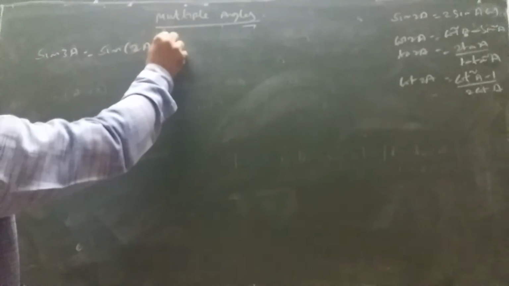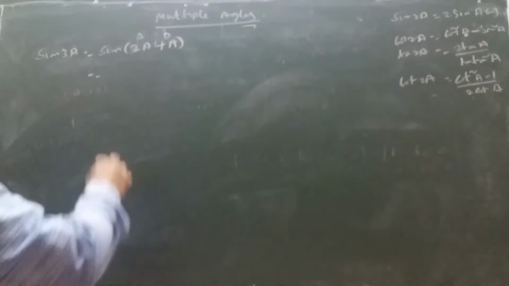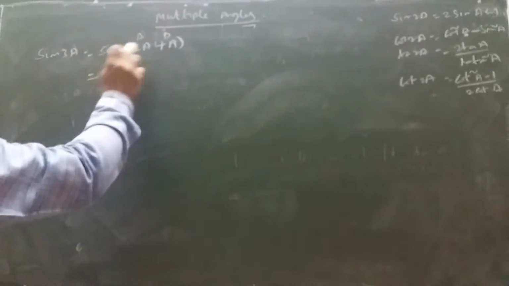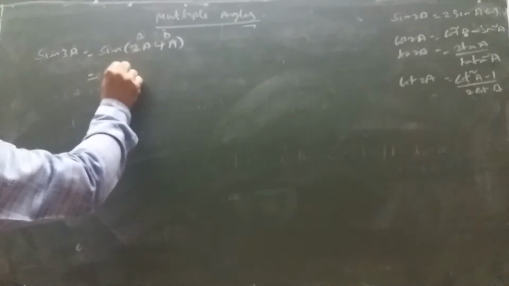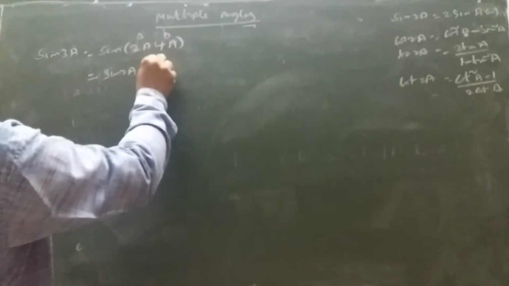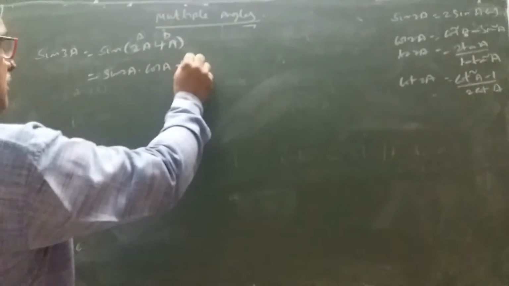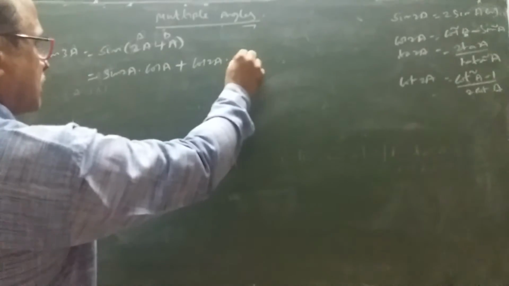It is in the form of A plus B, that means sin A cos B plus cos A sin B, so sin A cos 2A plus cos A into sin 2A.